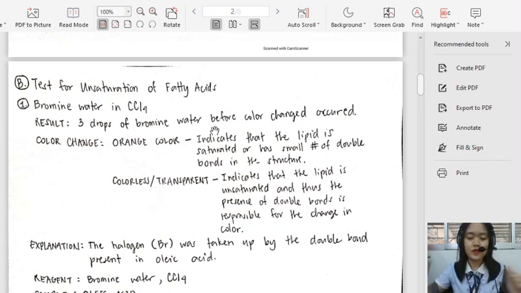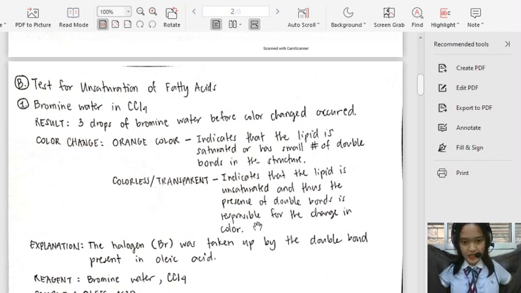Okay? So, if ilang drops na yung nalagay mo, but still the solution is colorless or transparent, that indicates that the lipid is an unsaturated lipid or napaka-super unsaturated lipid nung sample. And thus, the presence of the double bond is responsible for the change in color. Okay? So, ayun class. Yun yung explanation dyan.